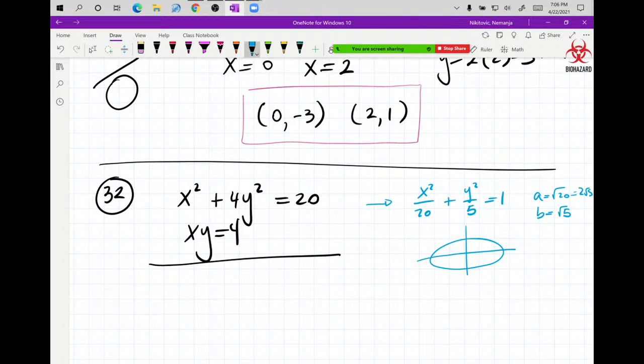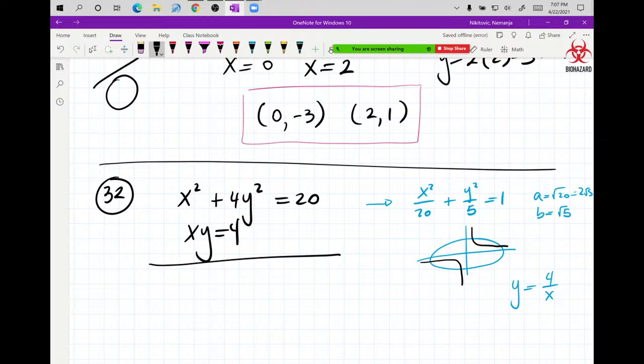Now the other formula, xy equals 4, when you flip that, you get y equals 4 over x, and that is a 1 over x kind of graph. So we are expecting 4 solutions in the intersection of the ellipse and the hyperbola. Rational function, that's what I mean.